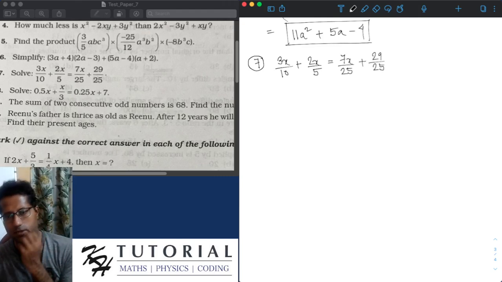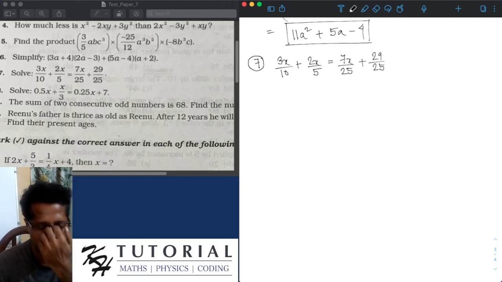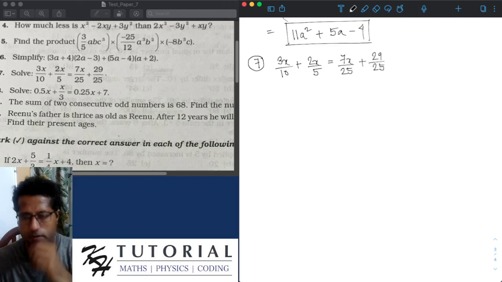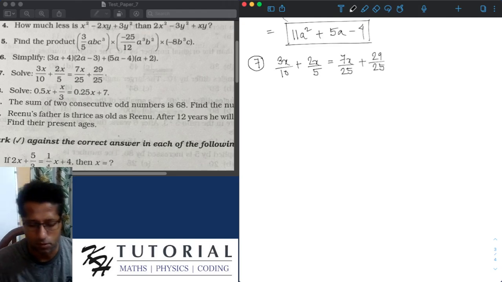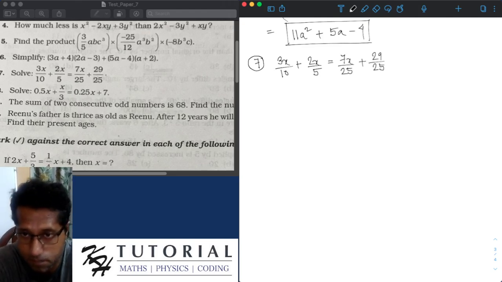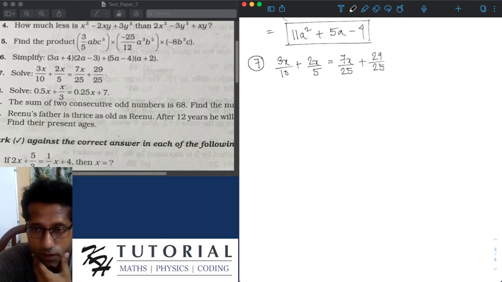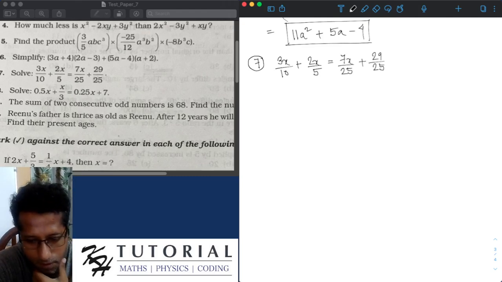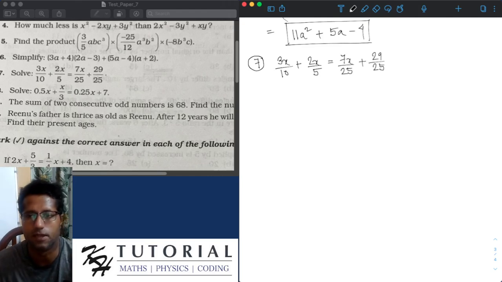So we see all the terms are in the rational form, and the denominators are integers, so it's better that we find the LCM of all the denominators, and we multiply both the LHS and RHS with that LCM.